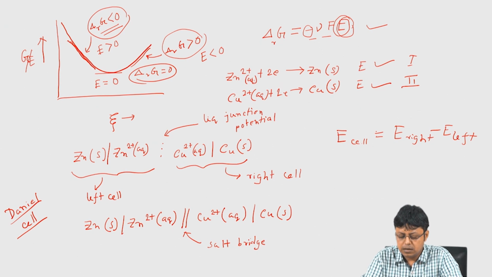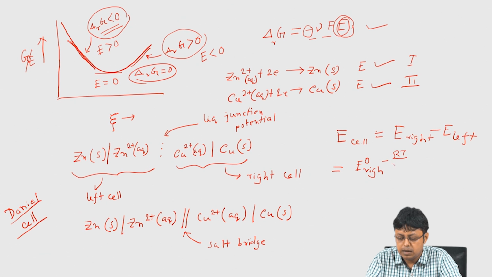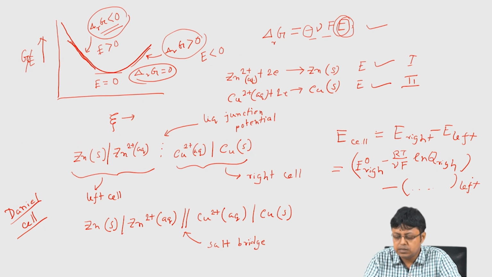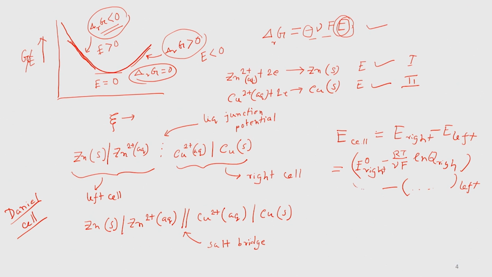Now, the question is, fine, we can write the E cell as E right minus E left, but every half electrode also has E 0 of right minus RT by nu F ln Q of right, minus the corresponding terms for left. So, we will have something like E 0 right minus E 0 left, but how will you define this E 0?